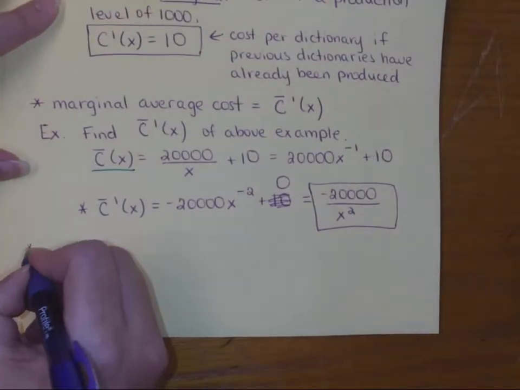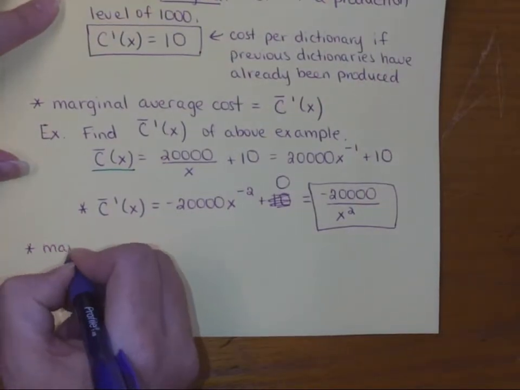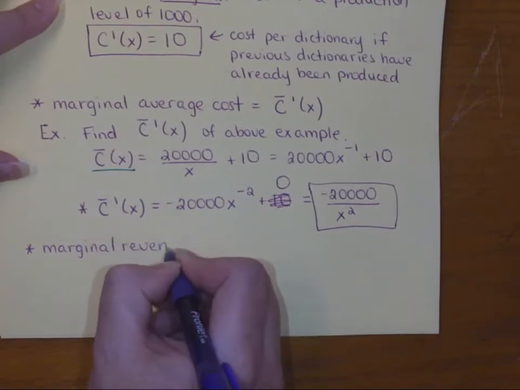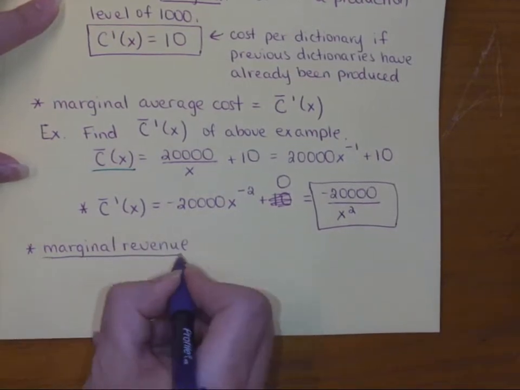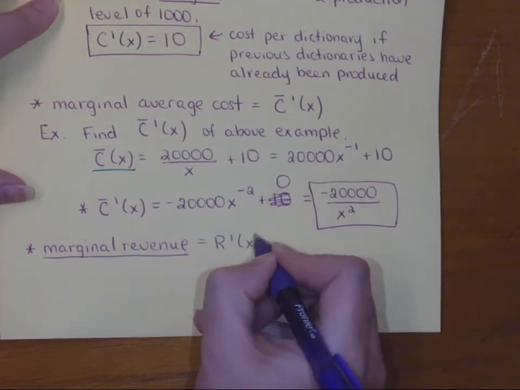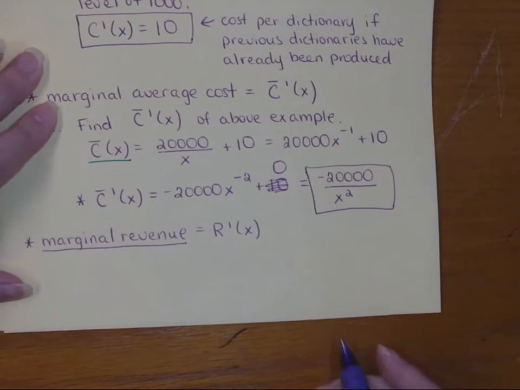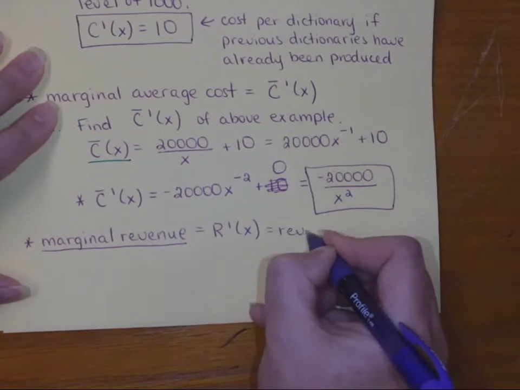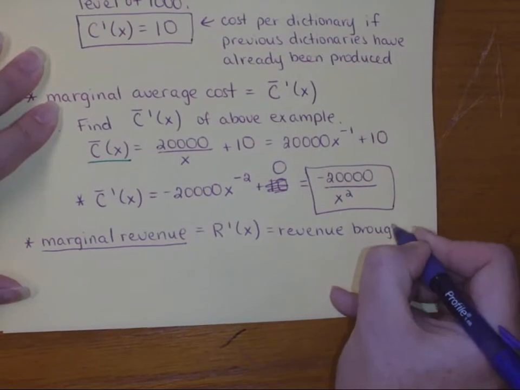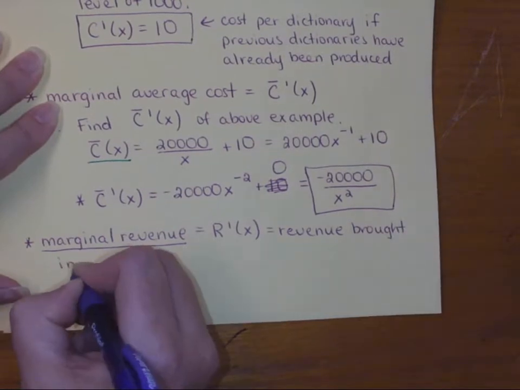Okay, so we've talked a lot about cost. So what do you guess marginal revenue is if we remember that marginal means derivative? Okay, so marginal revenue will be the derivative of the revenue function. So instead of the cost of the next item, it will be the revenue brought in from the sale of the next item.